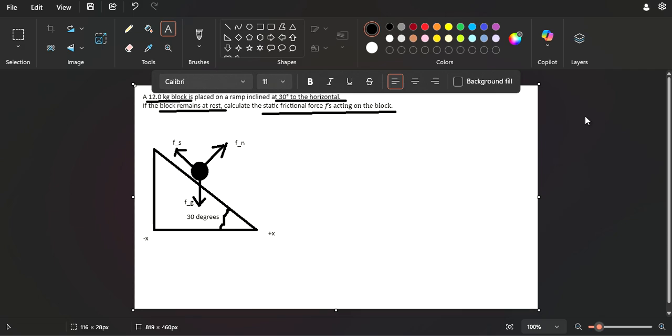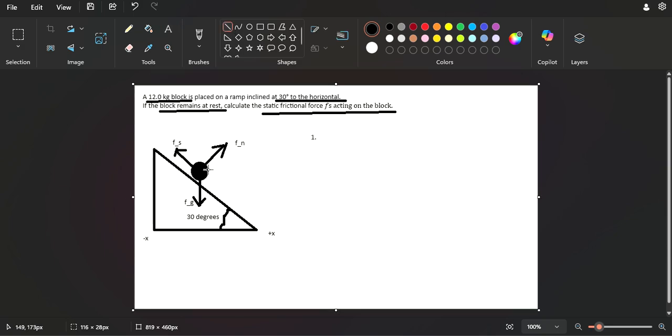Now to calculate our problem. Our problem here is asking us for calculating the static frictional force acting on the block. To start solving this problem, we will start with step 1. Step 1 here will be to break down the force of gravity into two components. Here, this is not part of our free body diagram, but I'll still show it.